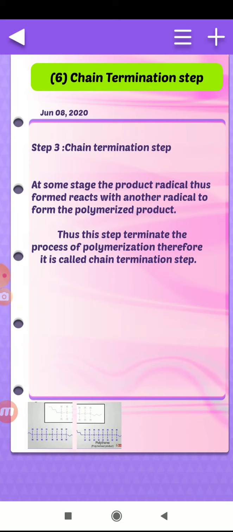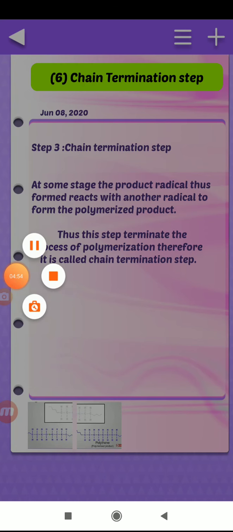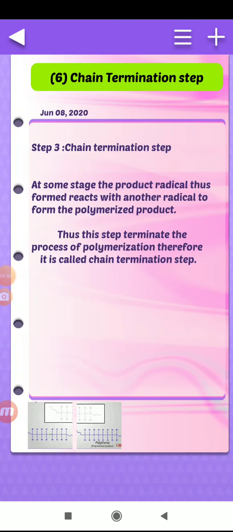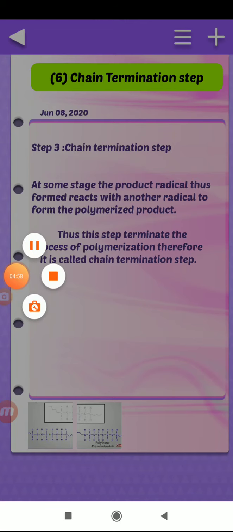Now we'll discuss the details of this in the form of writing. Now let us discuss the steps. Here I am writing, but it is written on the pad, so it may not be clear. Let us try to understand.